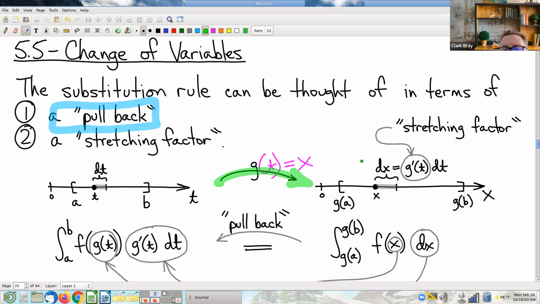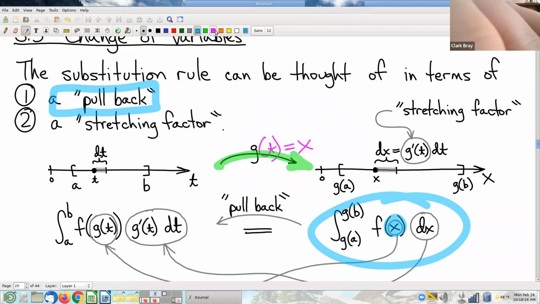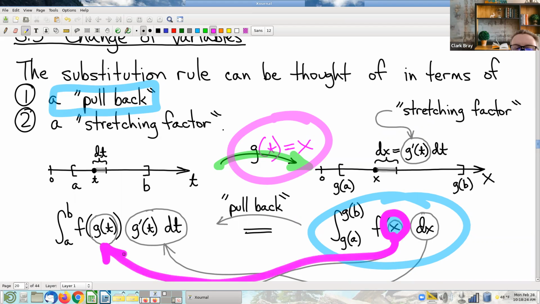If I have some expression involving x, the act of plugging in, right? The act of taking, well, here's the formula for x. When you plug that in for x, notice the expression goes the other way. That's just how plugging in works, right? It's a little counterintuitive until you look at it, but that's just what happens when you plug in. Okay.